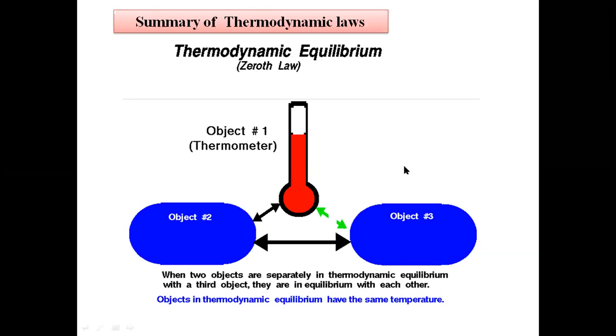This is the zeroth law of thermodynamics, which states the equilibrium of temperature. So objects in thermodynamic equilibrium have the same temperature. This means object 1, object 2, and object 3 are at the same temperature.